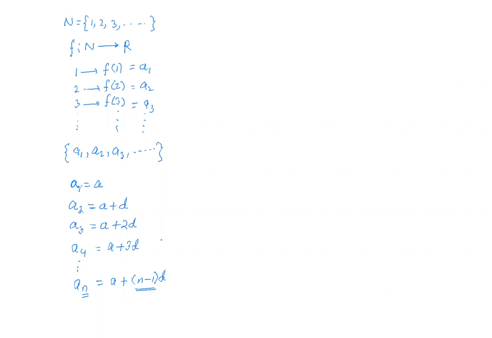Now we are going to talk about the partial sum of an arithmetic sequence. What is a partial sum? Partial sum is basically, as the name implies, the sum of part of the sequence, and is denoted by S sub n.